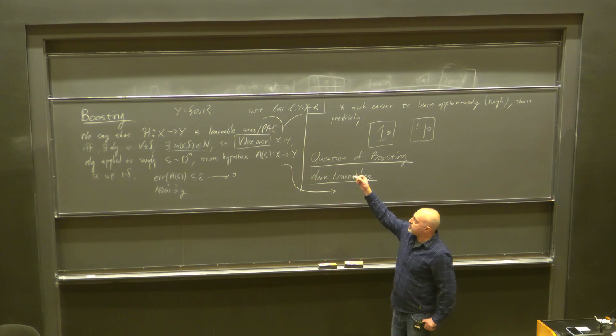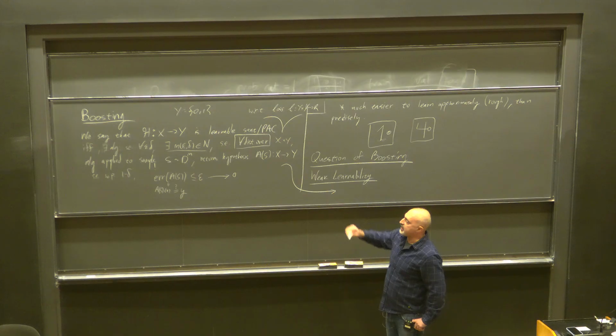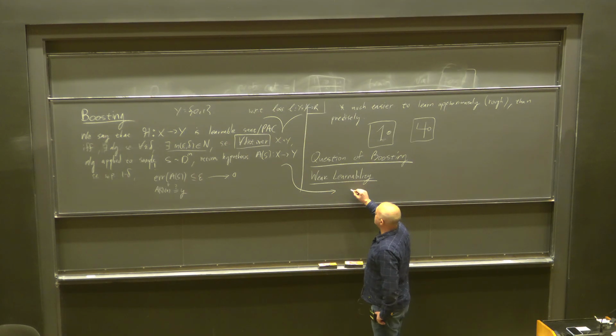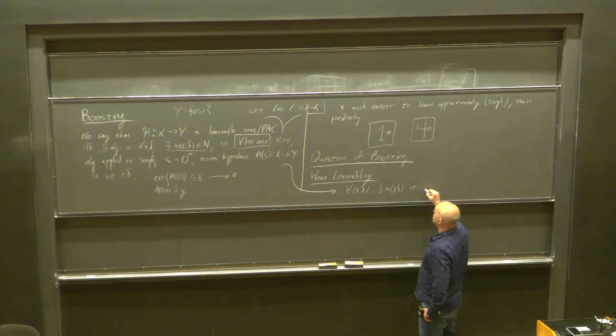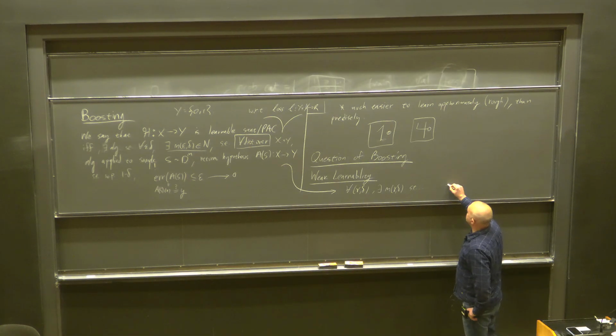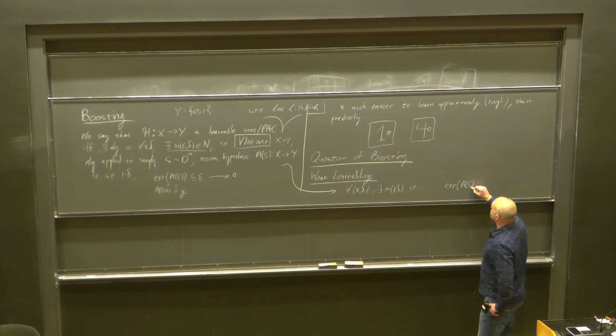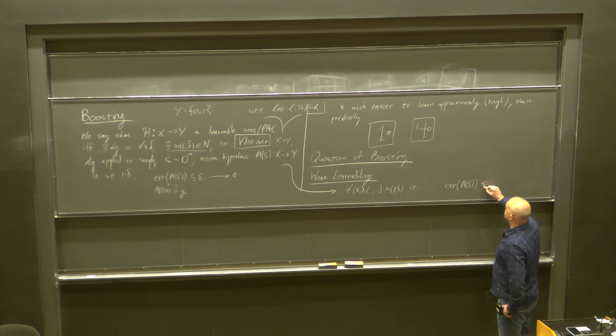So we say that the hypothesis is weakly learnable if all of this happens, but the error, so instead of for every epsilon delta, I would say for every gamma delta, there exists an M of gamma and delta, such that same thing exactly, and then I want the error of the hypothesis that the algorithm returns to be less than or equal to half minus gamma.